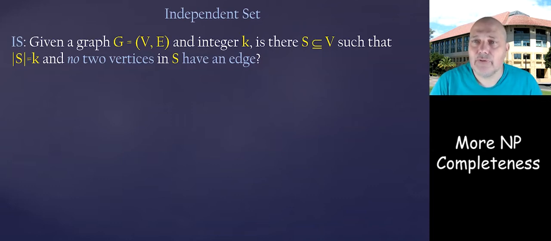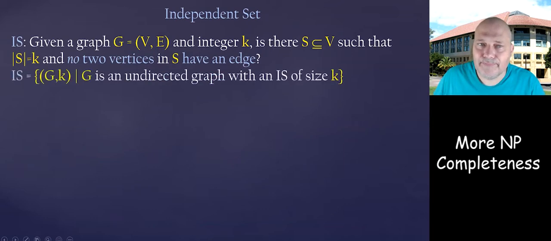So if before with the clique we asked that all pairs of vertices have an edge, with independent set we want it to be the case that no pair of vertices have an edge. So we want to show that this is NP-hard. Independent set is just the language of pairs (G, K) such that G is an undirected graph with an independent set of size K.